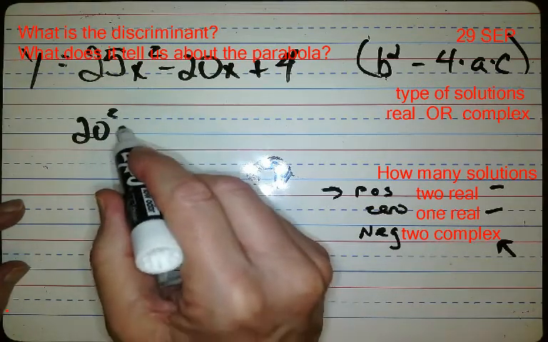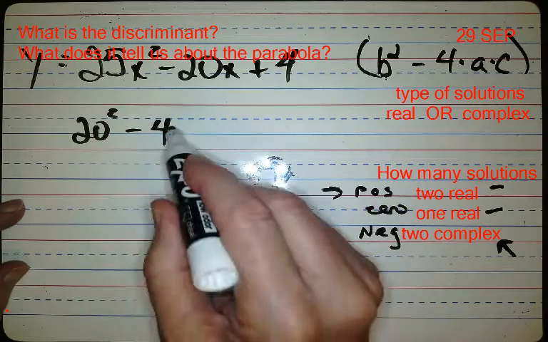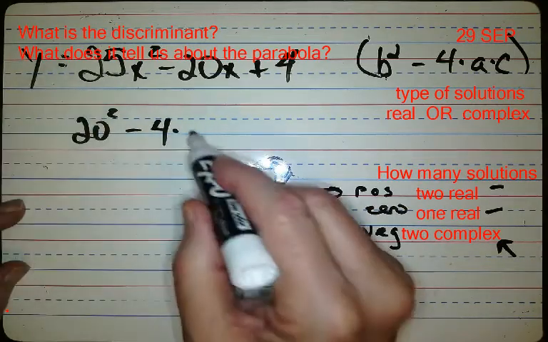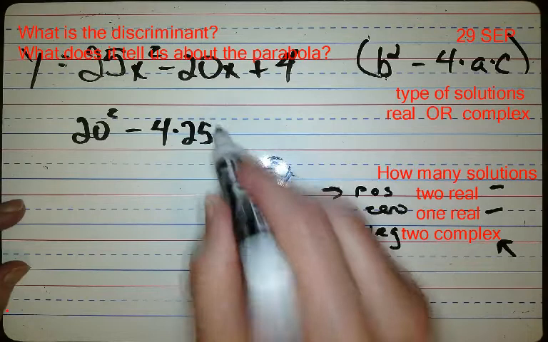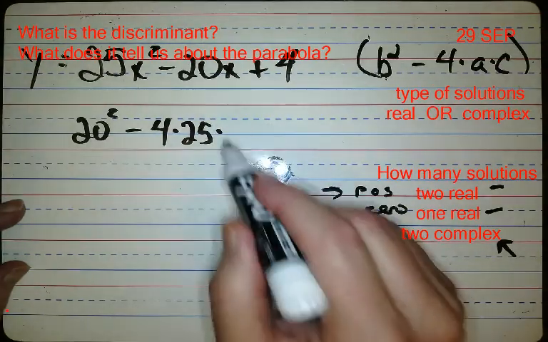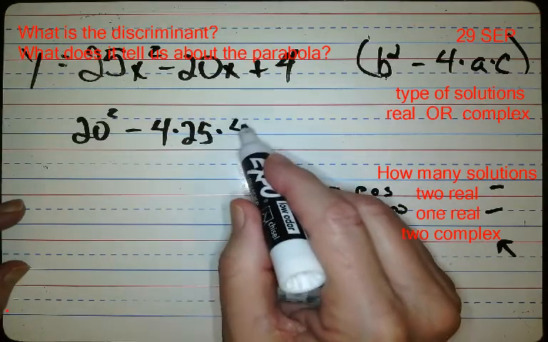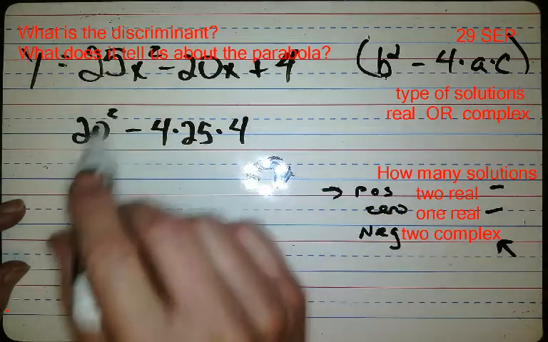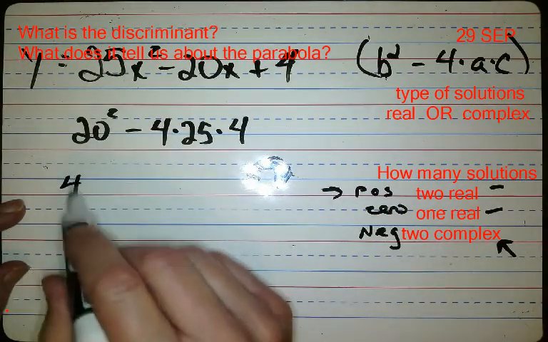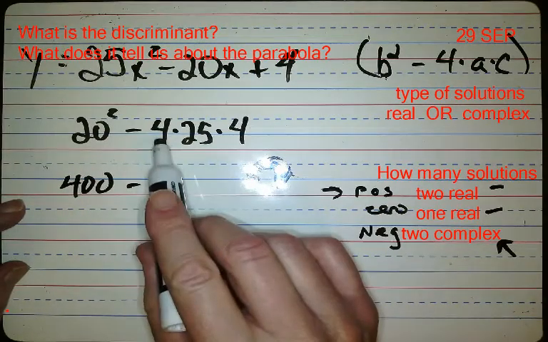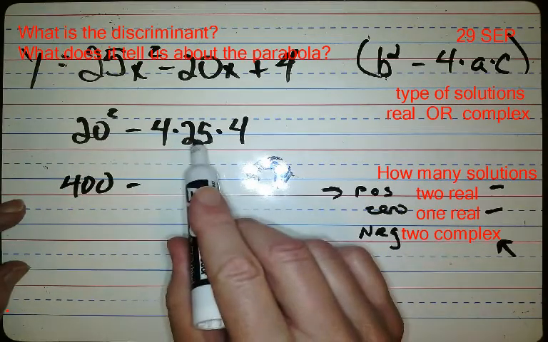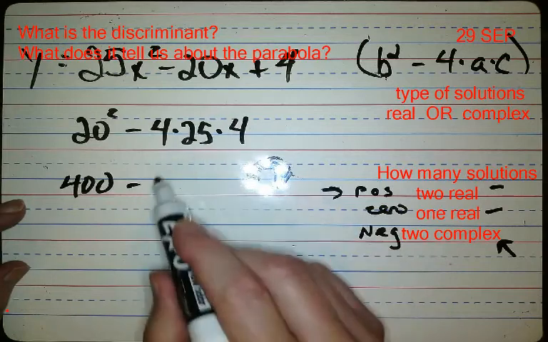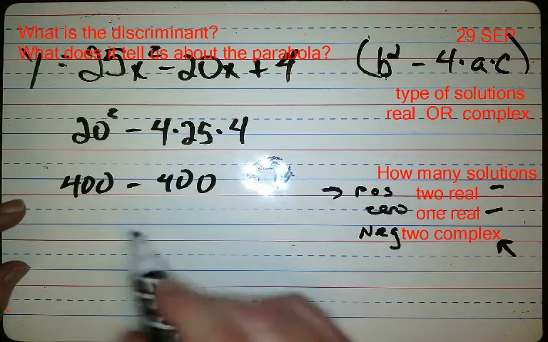Minus 4 times the a number, 25, times 4. Woohoo! Okay, well, 20 times 20 is 400. And this is 4 times 25. That's 100 times 4. That's 400. Look at that.